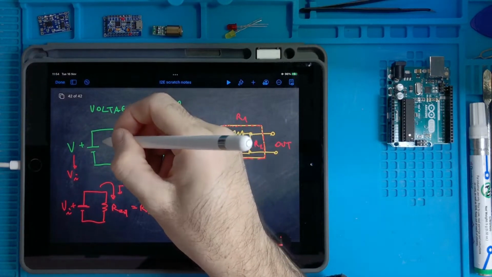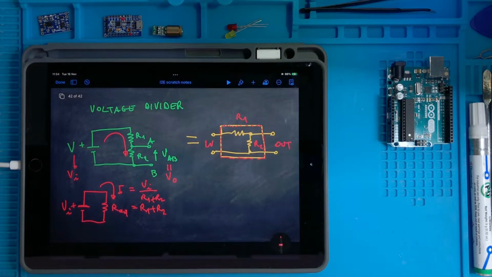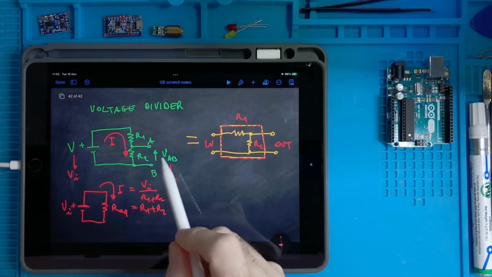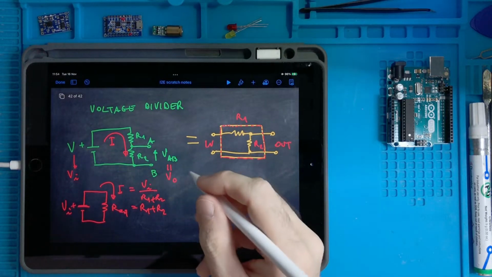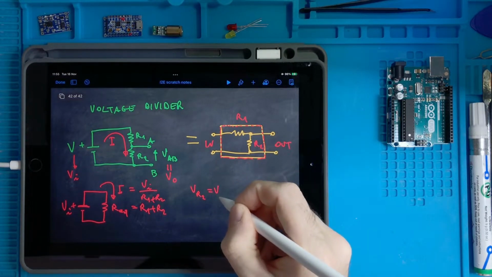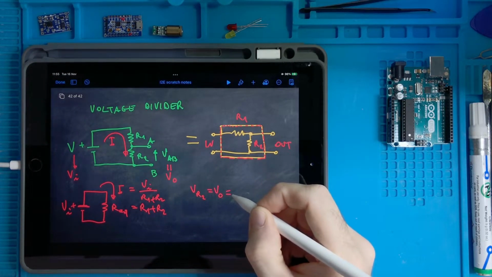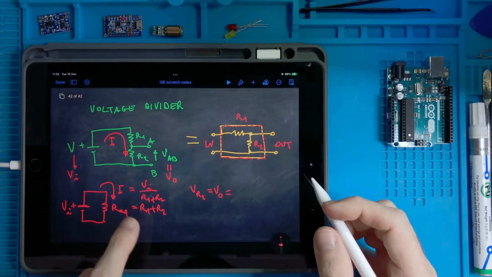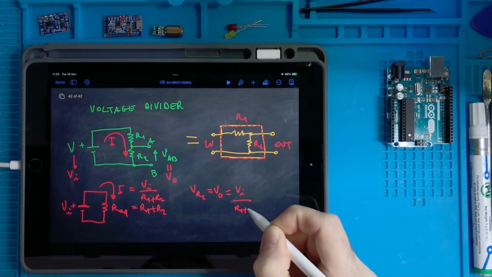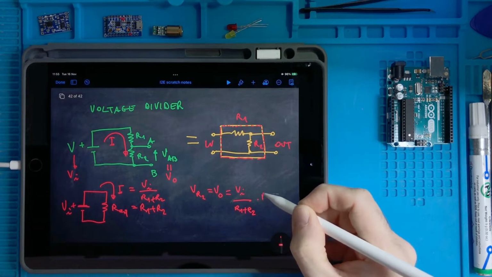And then this is the same current flowing in this circuit. It's an equivalent circuit. Specifically, the current I is flowing also into the resistor R2, and then we can apply Ohm's law to the resistor R2 in order to get the voltage across it. So V R2, which for us is V output, equals the current I, so V input divided by R1 plus R2, multiplied by R2.